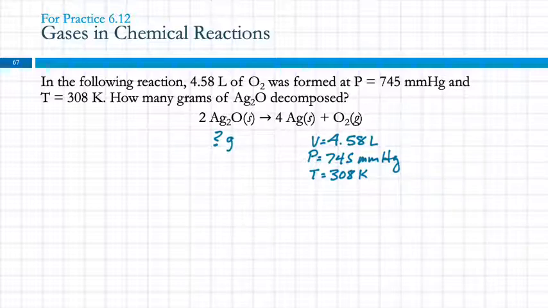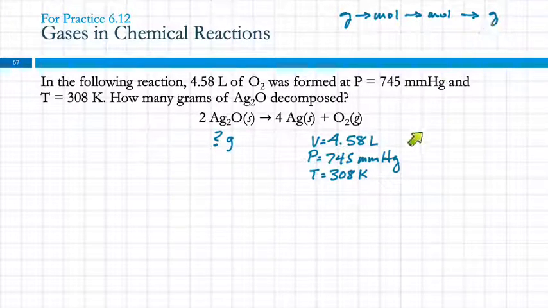Okay? So stoichiometry, we start with grams to moles to grams. So here I have grams. This is the question, so I'm going to end with grams, so that one's fine. But here, I'm not starting with grams.